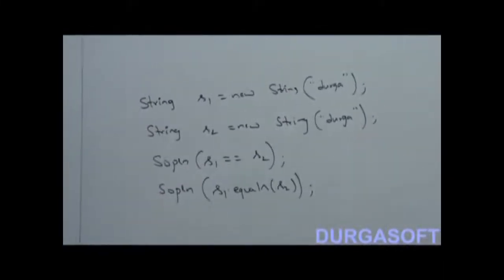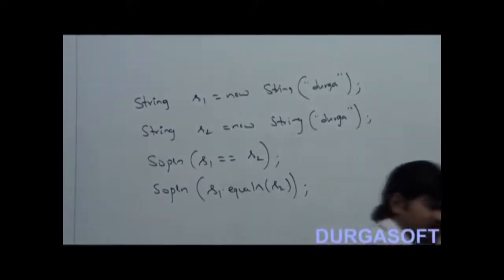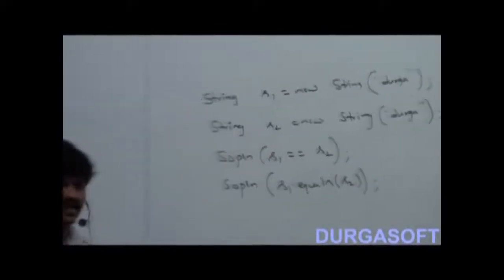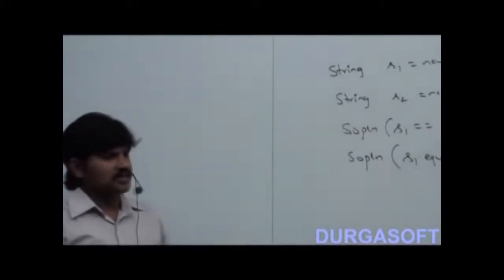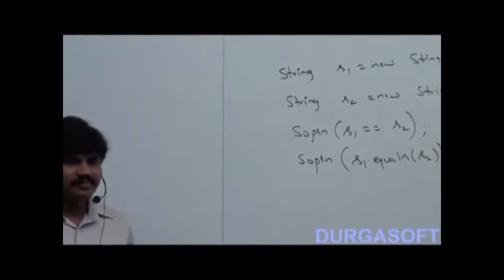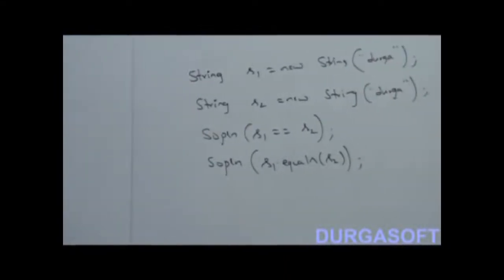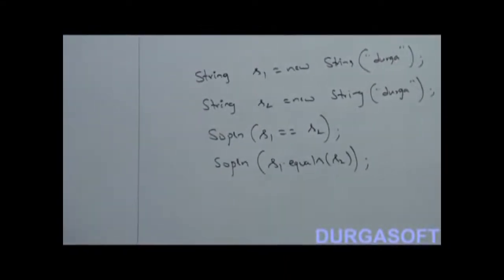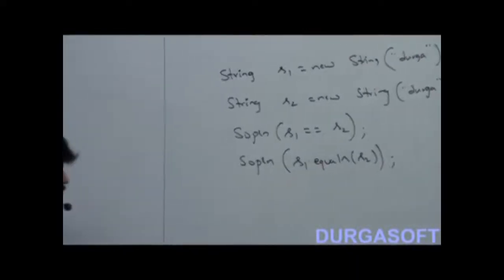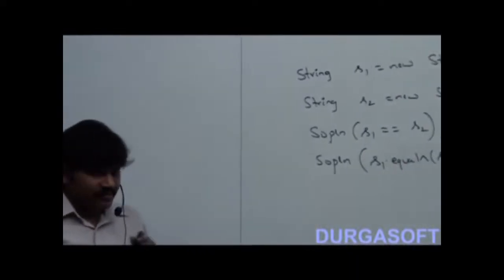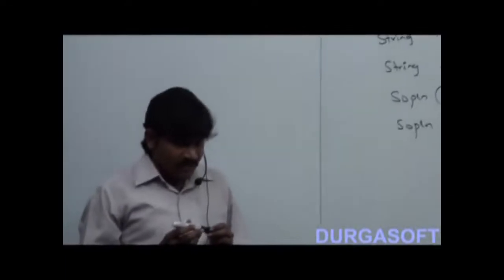Okay, so can you tell what is the answer we are going to get in the first case and what is the answer in the second case? In the first case, is it true or false? The second case, true is the answer.